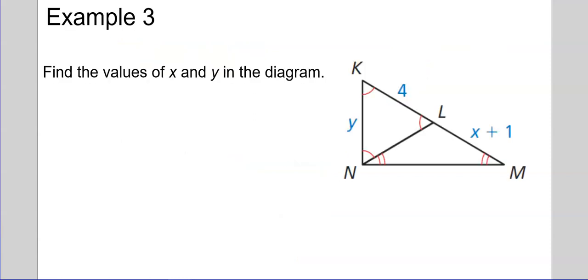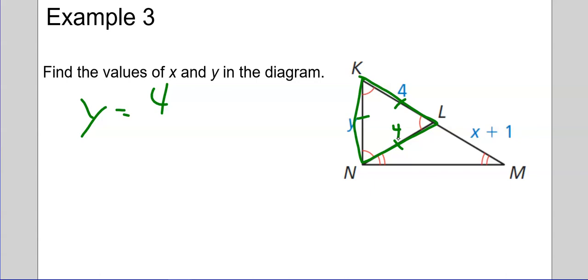All right, last example. Find the value of x and y in the diagram. Okay, well, y is an easy one because if you notice, this triangle here is equiangular, which means it's also equilateral, so y is 4. All right? But that also means that this is 4 right here.